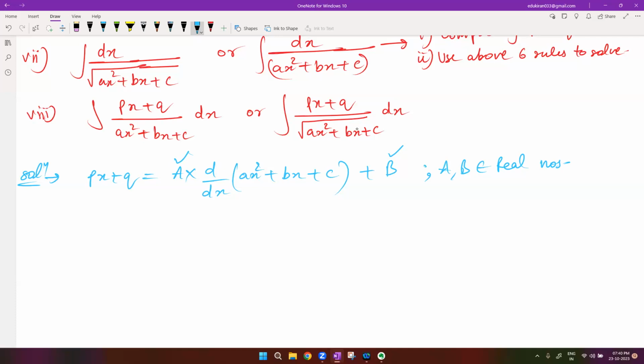It will be solved very easily. Understand how? Let's call this equation 1. Okay, I'm solving this part. We can also solve the second part in the same way. Now you have written px plus q like this, so in place of px plus q, I am replacing it with this.